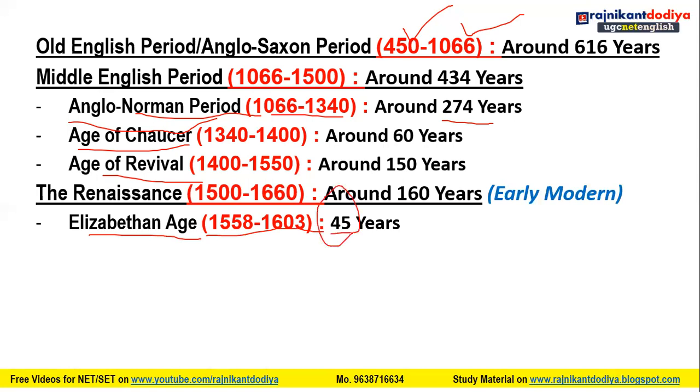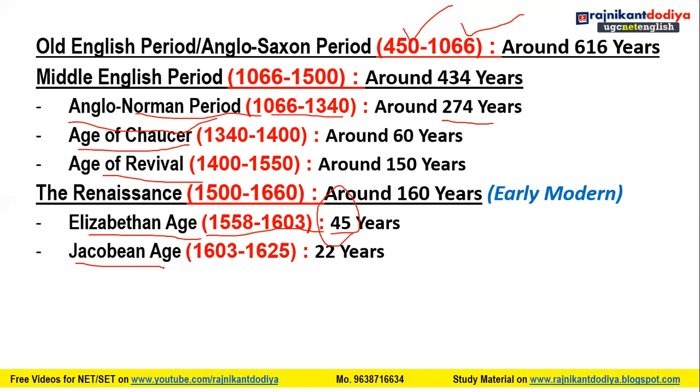Okay, then the Jacobean age is there. This age was named after King James I, who came to rule after Elizabeth I. The Jacobean age is named after his name.